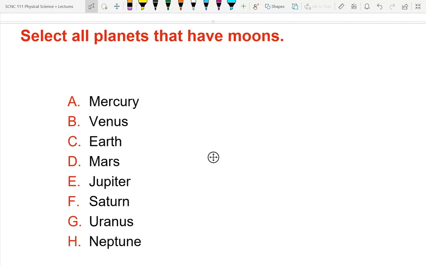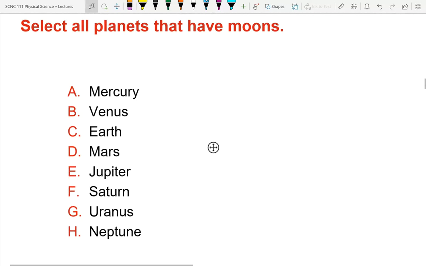I didn't actually talk about this today. I mentioned it when we first talked about planets. Select all of the planets that have moons, so you have to make multiple selections.